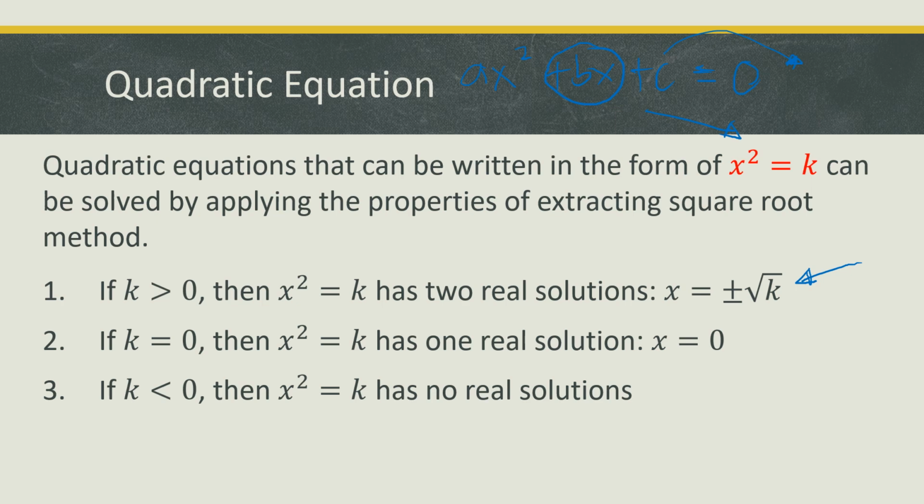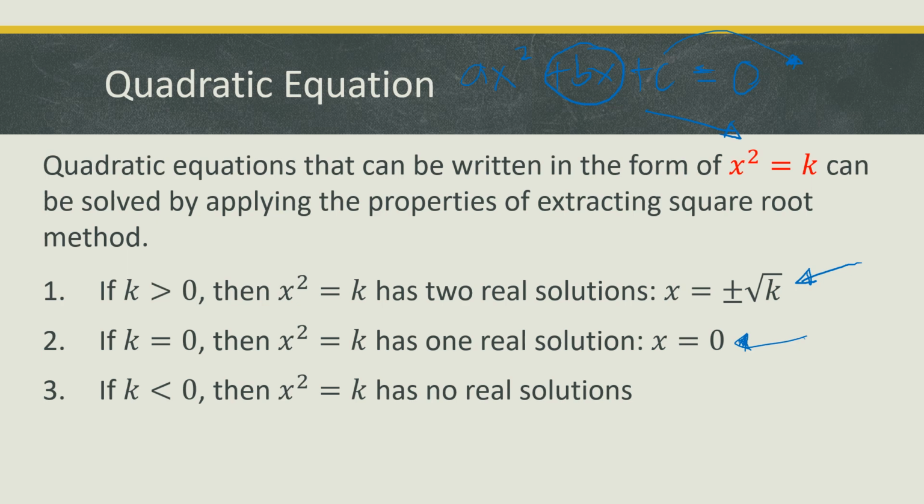Next one, number 2. If k is equal to 0, then the x squared equals k form has only one real solution, and that is equal to 0. X is equal to 0. That is the only real solution if the value of k is 0.